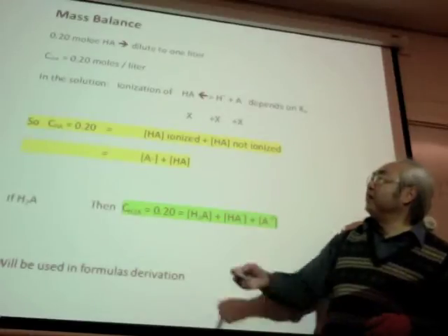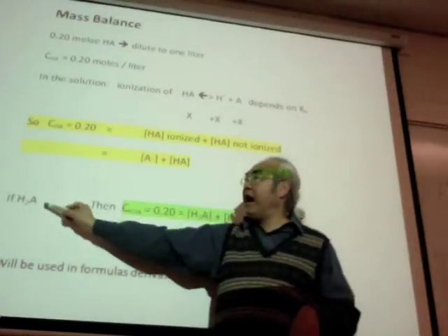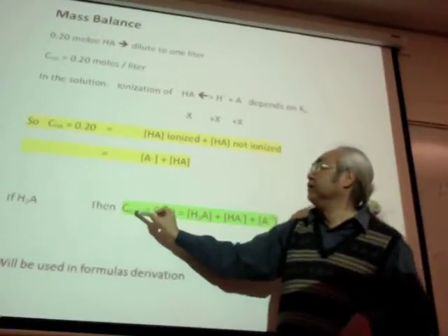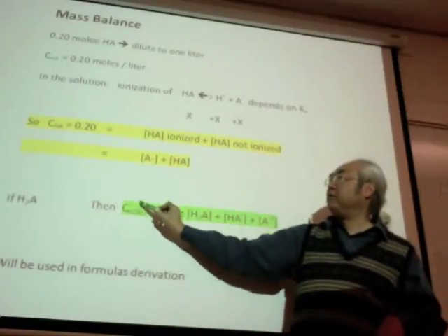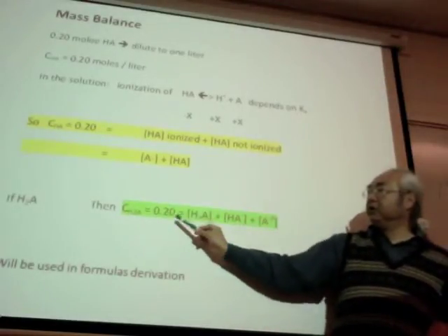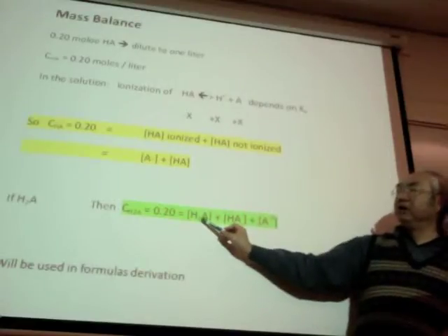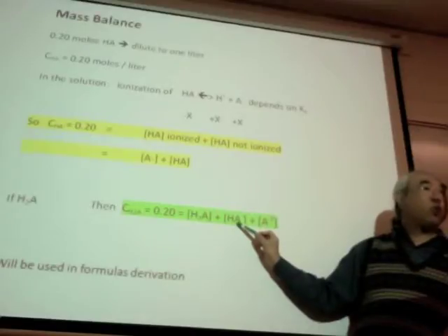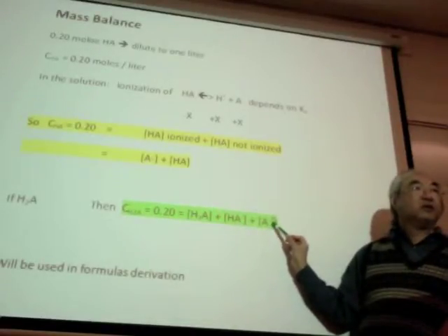Now this can be extrapolated to higher formulas, such as H2A. Let's say you measure the H2A quantity as 0.2. Now the 0.2 total will be distributed amongst those that are not ionized at all, those ionized just once, and those ionized twice.